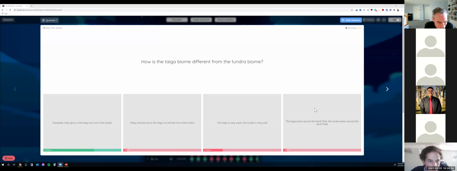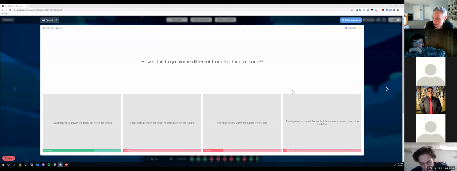The correct answer was that evergreen trees grow in the taiga, but not in the tundra. What kind of trees grow in the tundra type biome? No trees, exactly. So there are no trees in the tundra. It's just small ground clinging types of plants.